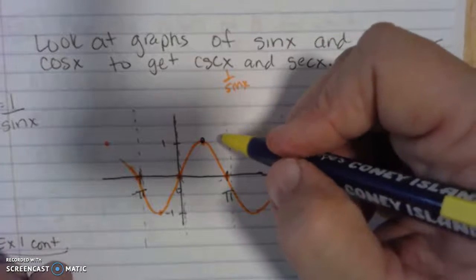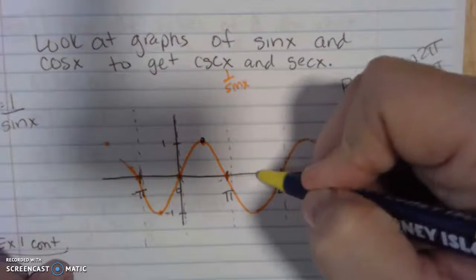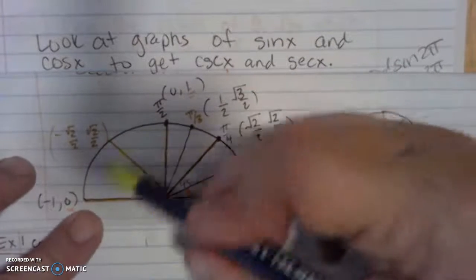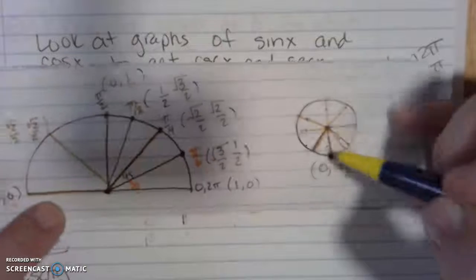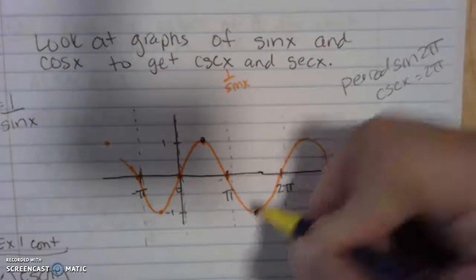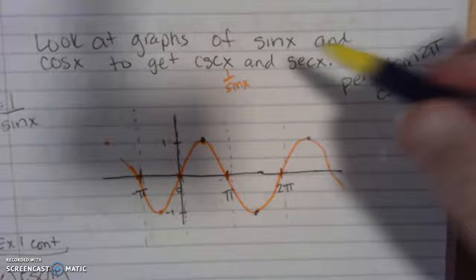At 3 pi halves, down here, we're going to get 1 over -1, which is -1. Look at how it's going to hit at all these points.